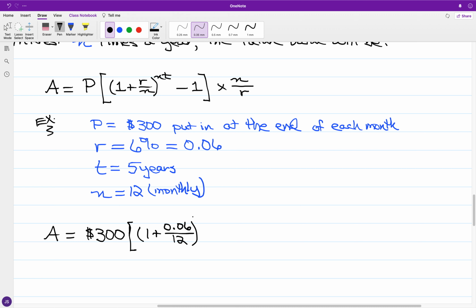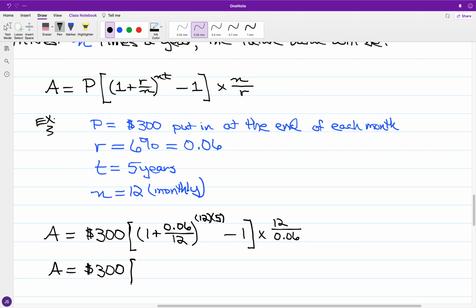For N times T, you have 12 times 5, minus 1, and times N over R, so that's 12 divided by 0.06. So now we've got $300.